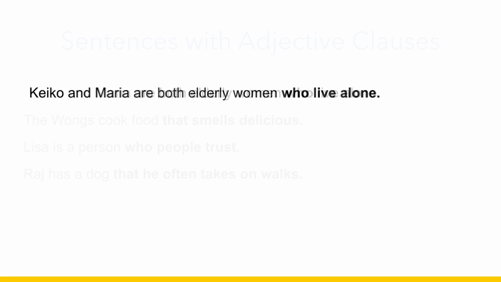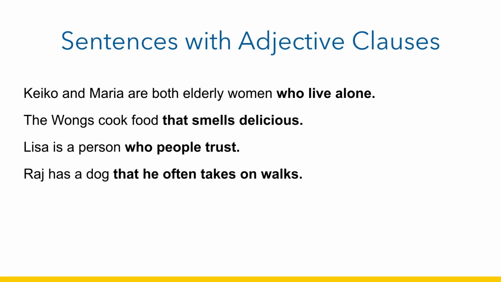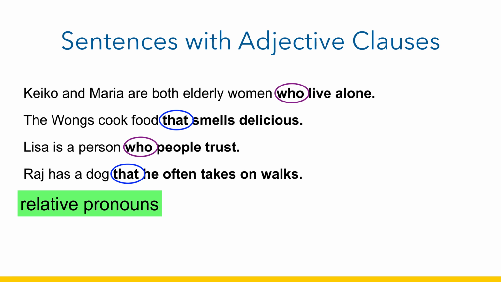Let's return to the other sentences with adjective clauses to notice some things. You see here that an adjective clause can begin with who. But what other word do you see? You also see that an adjective clause can begin with that. Who and that are called relative pronouns. They are words that we can use to introduce an adjective clause.